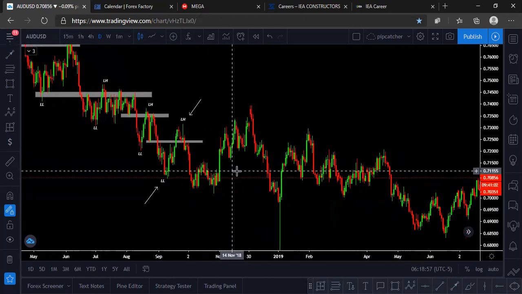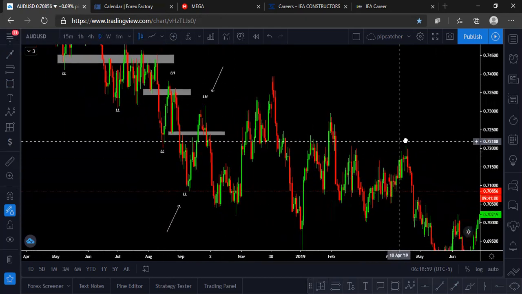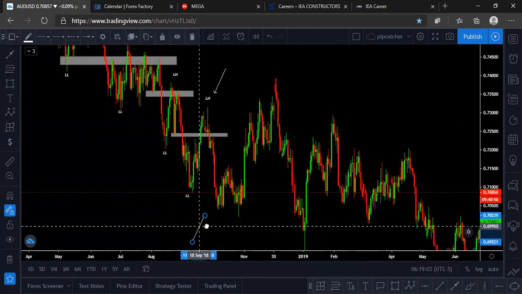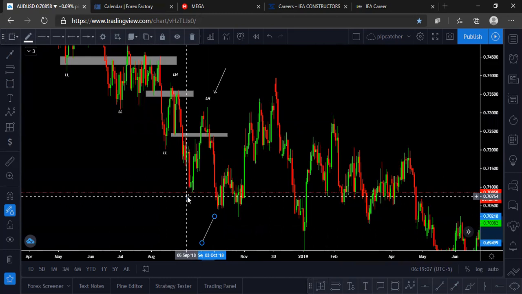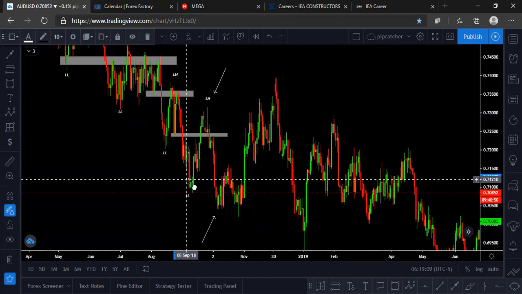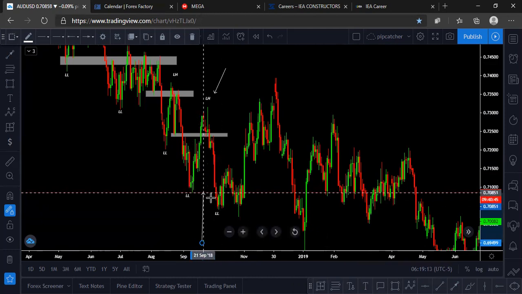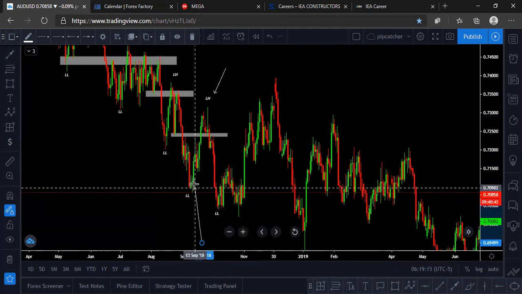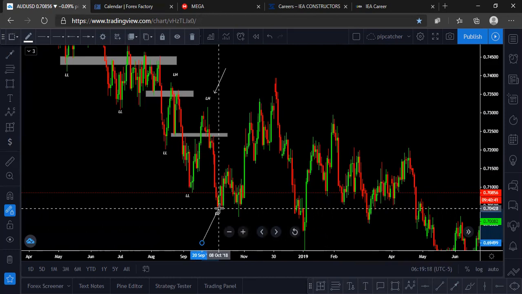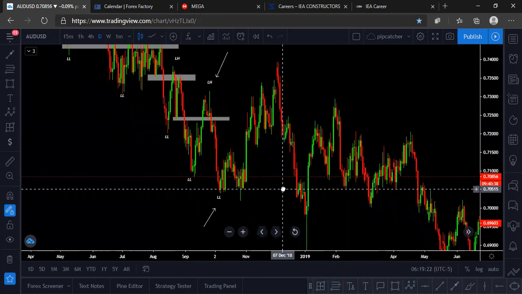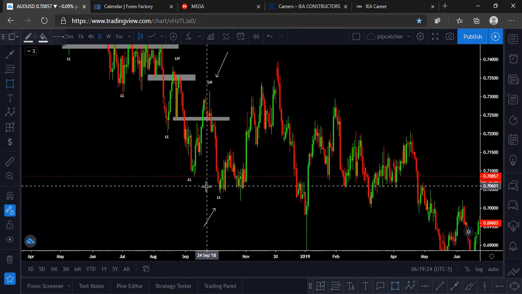Okay, so now in this area right here, we see a new lower low. Price breaks through this area. You can see it's barely lower than this previous low. But look at what happens next.